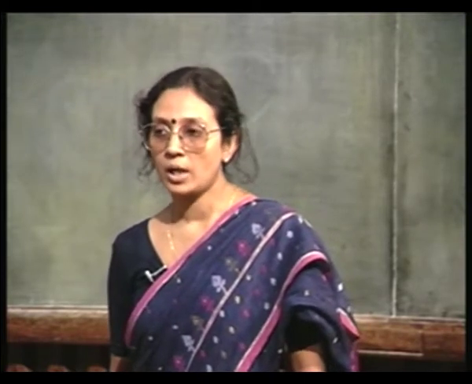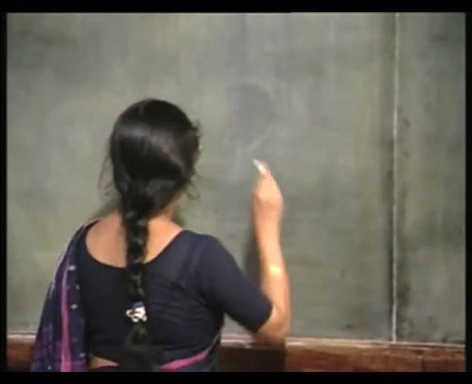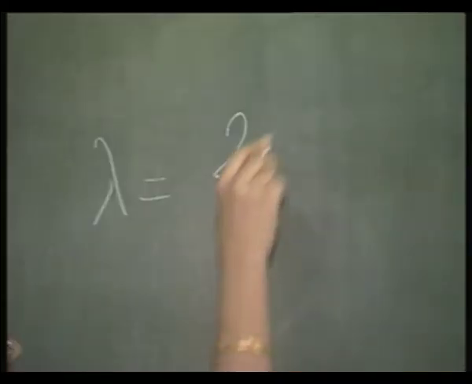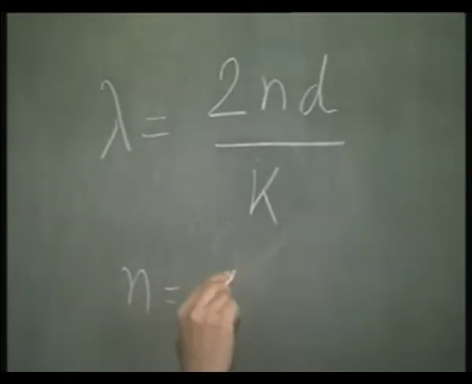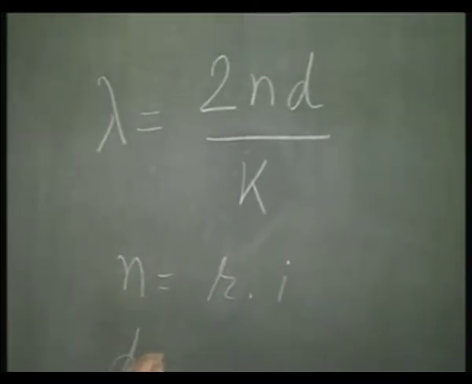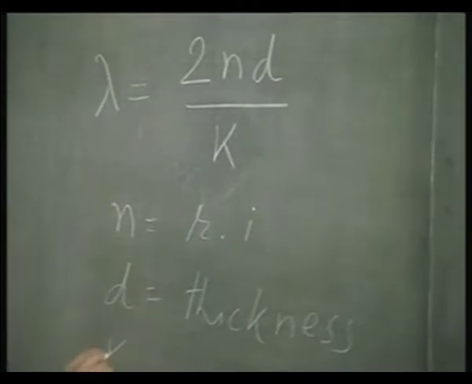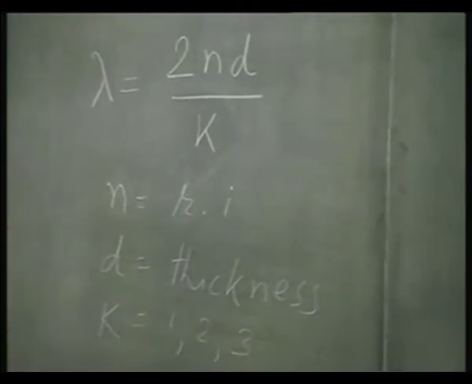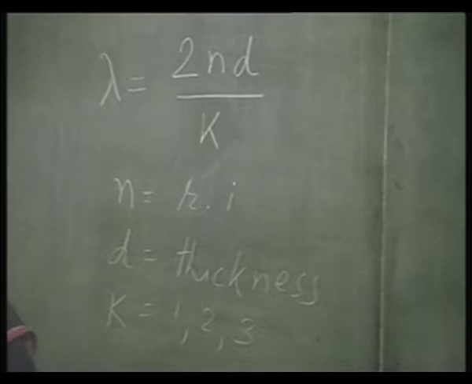So, when I have such a combination, a transparent film on an opaque surface, then if it is subjected to a monochromatic perpendicular light, there will be an intensity enhancement at lambda equal to 2nd by K, where n is the refractive index of the film, d is the thickness of the film, and K is an integer 1, 2, 3, etc. Now, what happens if this transparent film is subjected to white light?